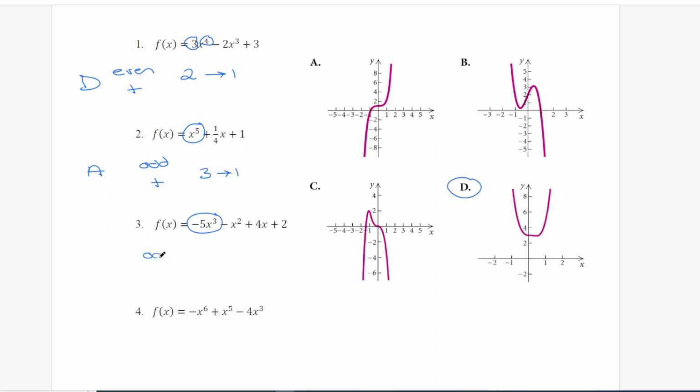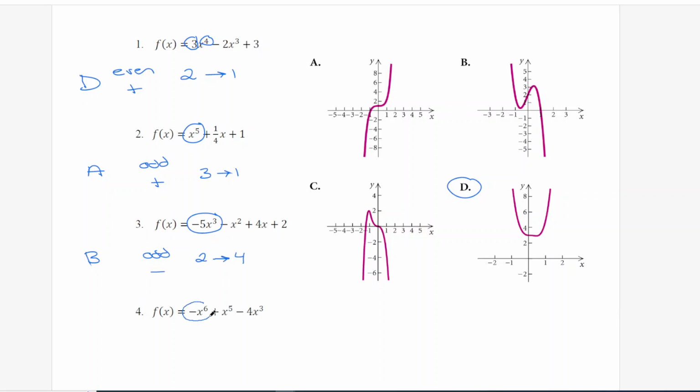It has an odd exponent and it has a negative leading coefficient, which means it's the reflection of the 3 to 1, which means it's going to go from 2 to 4. So if I find the only graph that starts in quadrant 2 and ends in quadrant 4, it's B.